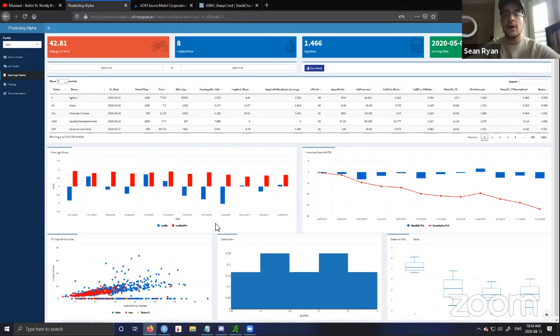So we can find what we really look for, which is mispricings in the market. We look for mispricings and inefficiency, and then we try to capitalize on that inefficiency by placing a trade that lets us take a view on it. We're trying to capture a spread between what the price is right now and what we believe the price should be. So this tool gives us all the information we need to find those inefficiencies.